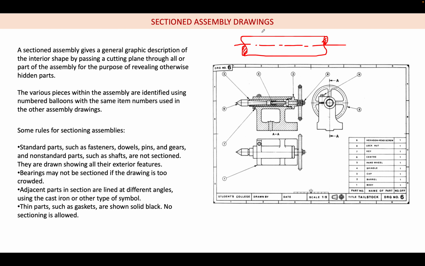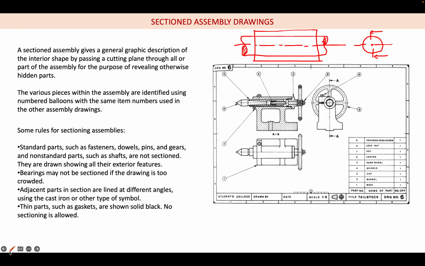When you cut the plane like this, in the side view you will be able to see that. Your cutting plane will come like this. You can see it like this, or like this also, whatever the direction.